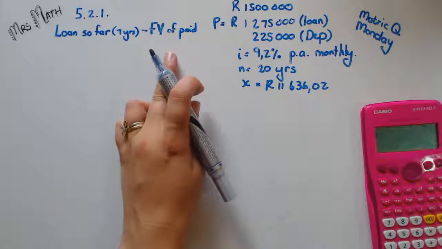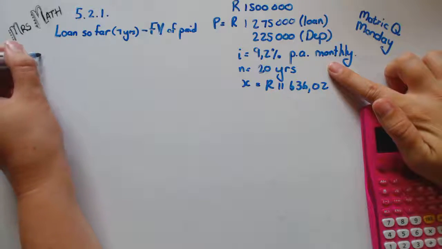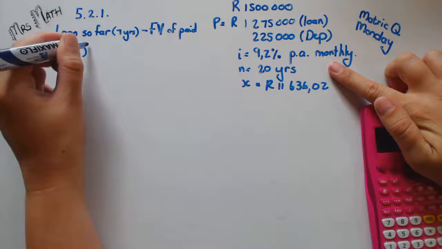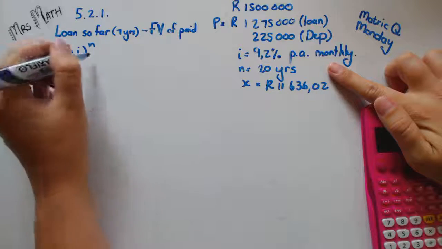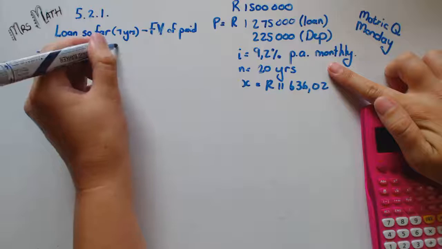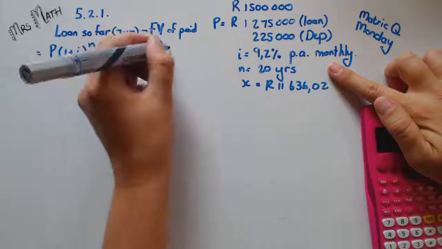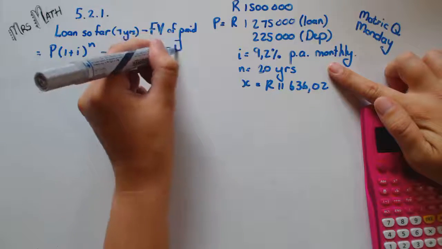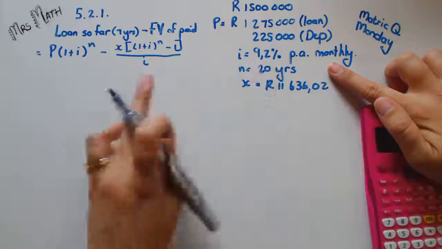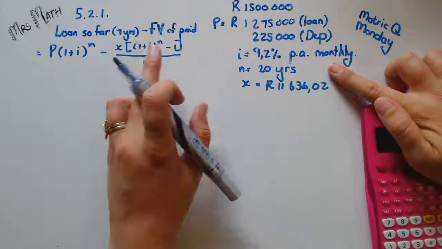Okay, so this is what I'm going to do, where the loan so far follows compound interest: 1 plus i to the power of n, for 7 years. And then I'm going to subtract the formula (1 plus i to the power of n minus 1) over i, which is the future value formula of the amounts paid so far.